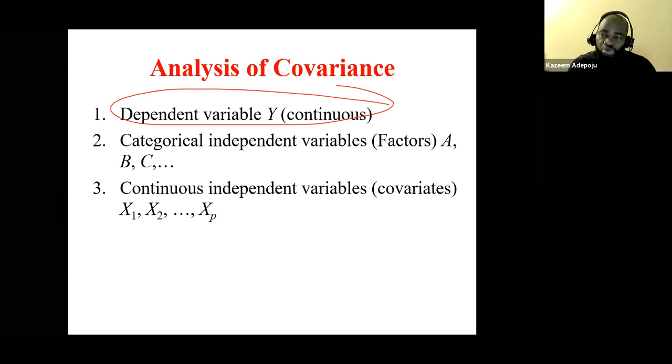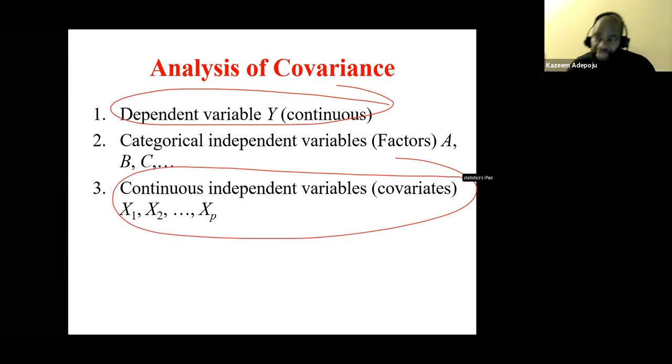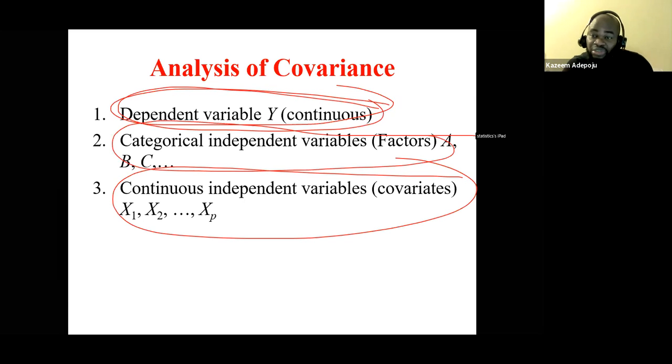In regression analysis, we also have continuous predictors, right? In analysis of variance, we have a dependent variable and categorical predictors that we call factors.